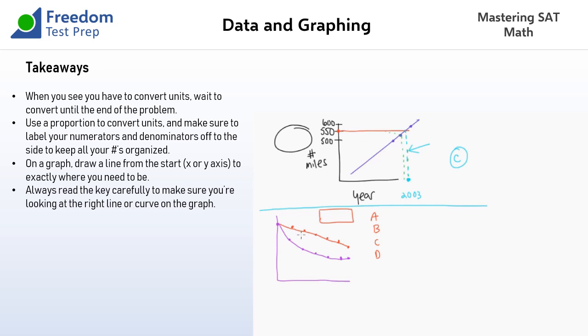Okay, so it says the rate of change of temperature of the insulated sample is greater than that of the non-insulated sample. And we can see that that's not true. This is a much more gentle slope. This is really going down much faster. So A is out.